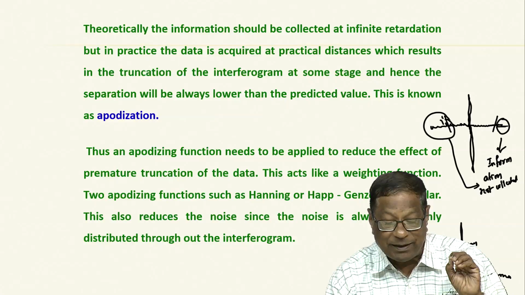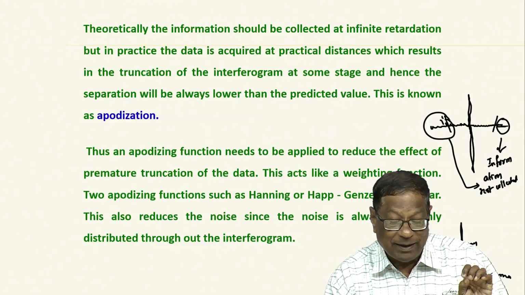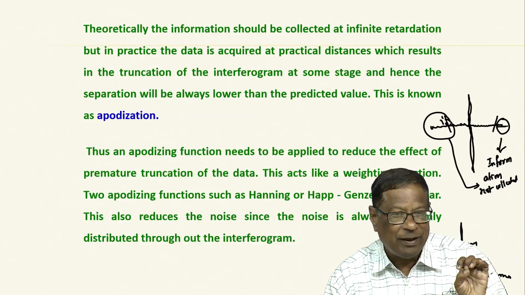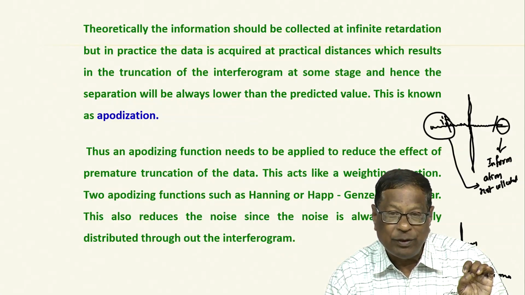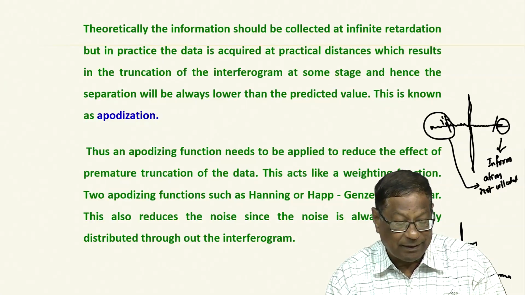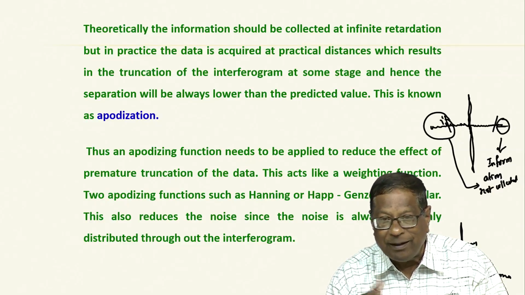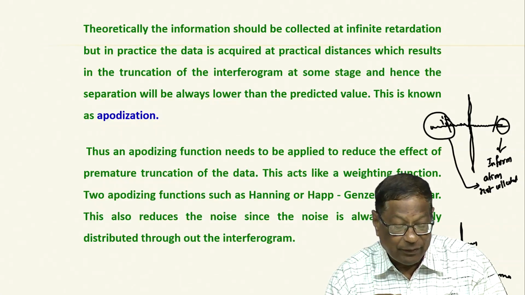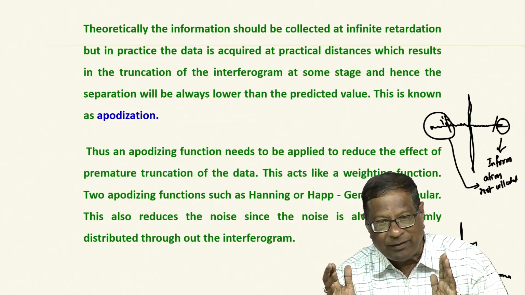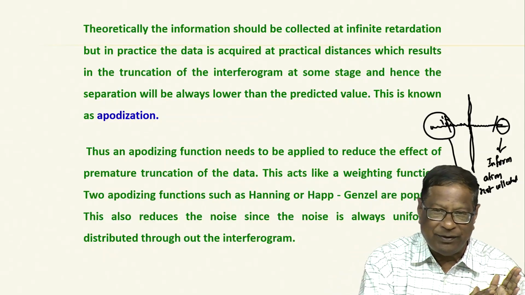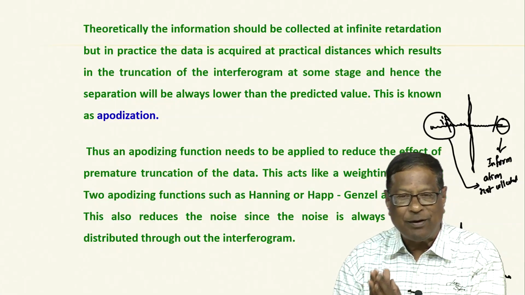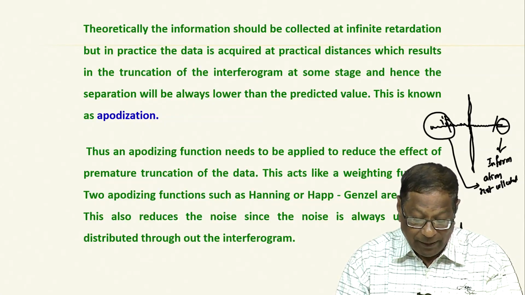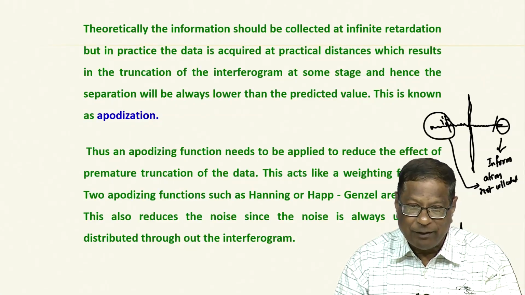So, that function is also decided, that I have to add a little bit of information to reduce the effect of premature truncation, that is apodization. So, this acts like a weighting function. I need one apodizing function on the higher frequency side, another on the lower frequency side, so there are two apodizing functions.